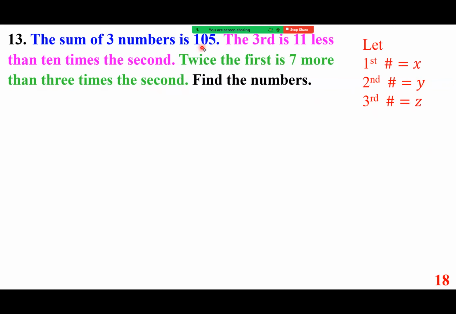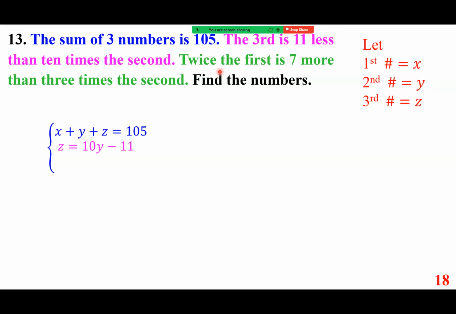The sum is 105. So that's the sum. X plus Y plus Z equals 105. That's the first sentence, and I put it in blue. The third is Z, equals 11 less than 10 times the second. So 10Y minus 11.